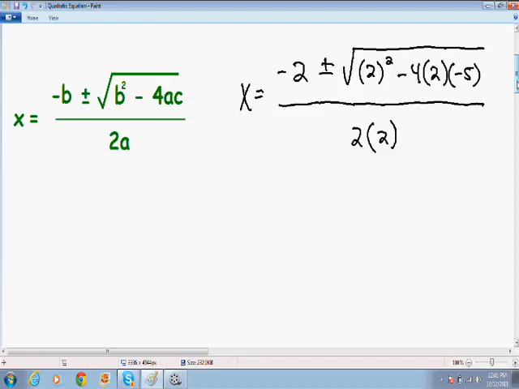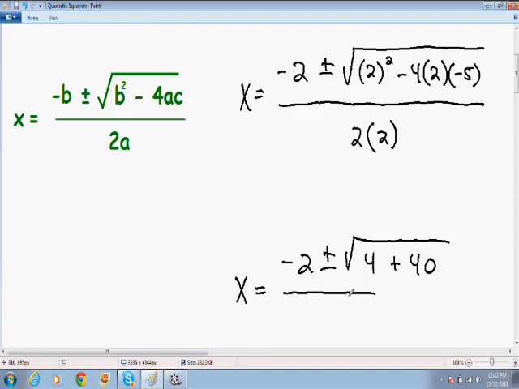The first thing I'm going to do is simplify the square root. I'm going to write everything else exactly the same. Two squared is just 4. Then we have a negative 4 multiplied by 2, which is negative 8. And negative 8 multiplied by negative 5 is positive 40.